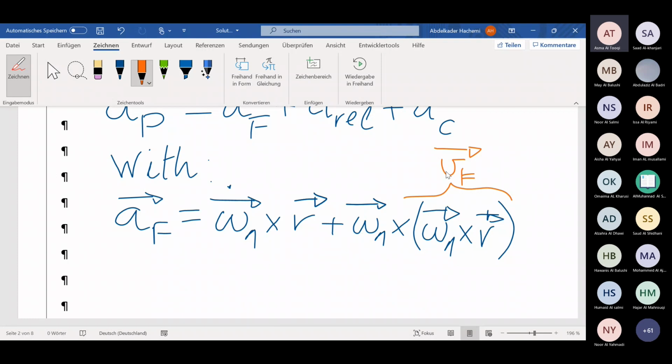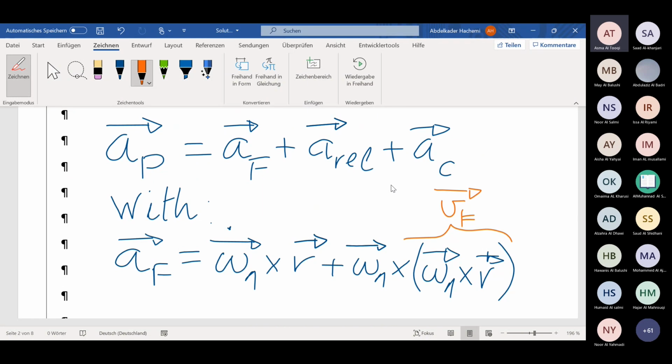Now, if we take here AF, what we said in the exercise is that the arm rotates with constant angular velocity omega 1. If it is constant angular velocity, it means its time derivative, omega 1 dot, will be equal to 0.